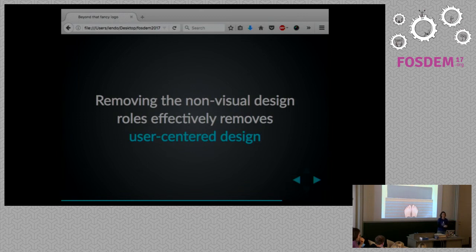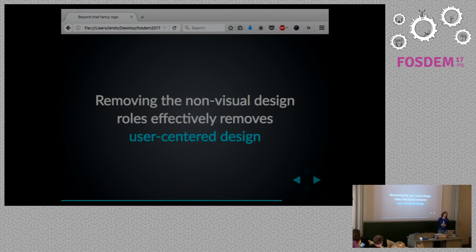So at this point, you might be wondering, why the hell is this lady telling us this story? Because this is exactly what happens when you do visual design only. When you make decisions based exclusively on visual reasons, without considering anything else. Because removing non-visual design effectively removes user-centered design.